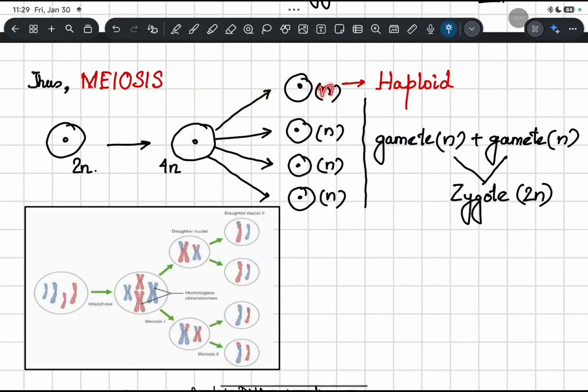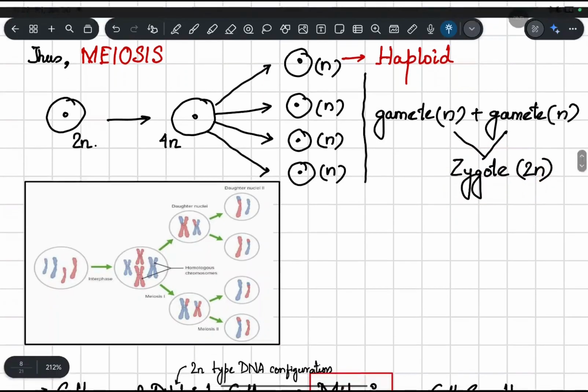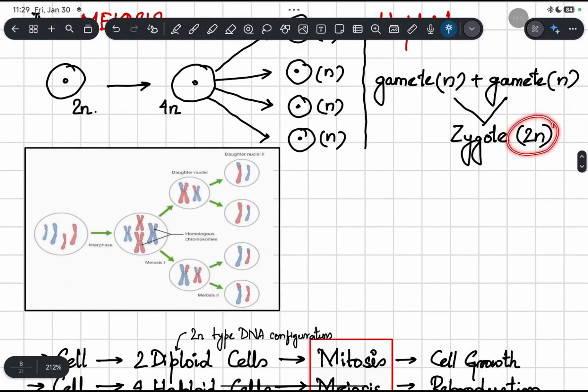These cells will have n number of chromosomes, and thus when the n gamete, that is the sperm, fuses with the n gamete of the female, that is the egg, it will form a zygote that is 2n, right?